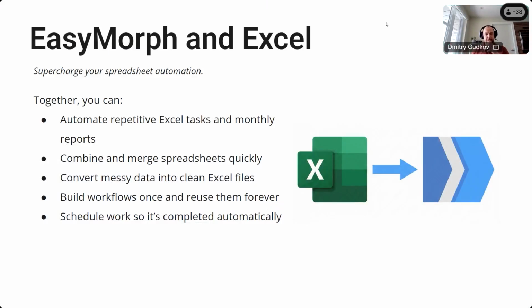So as you can see, in EasyMorph, you can design workflows visually, and the idea is to reduce repetitive operations with spreadsheets and data and everything around, reduce them to a single button click, so that ideally you design your workflow once, and then next time you simply run it, and you run it as many times as you need.